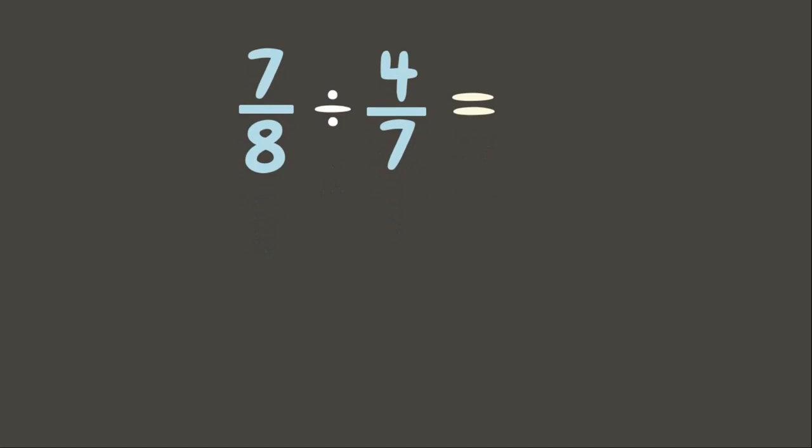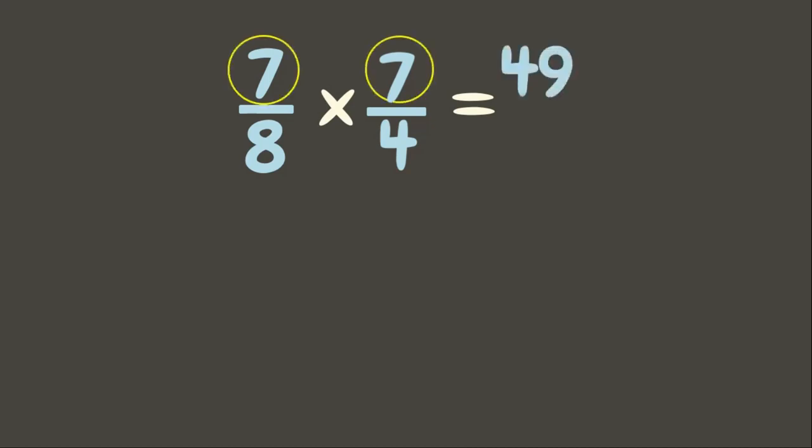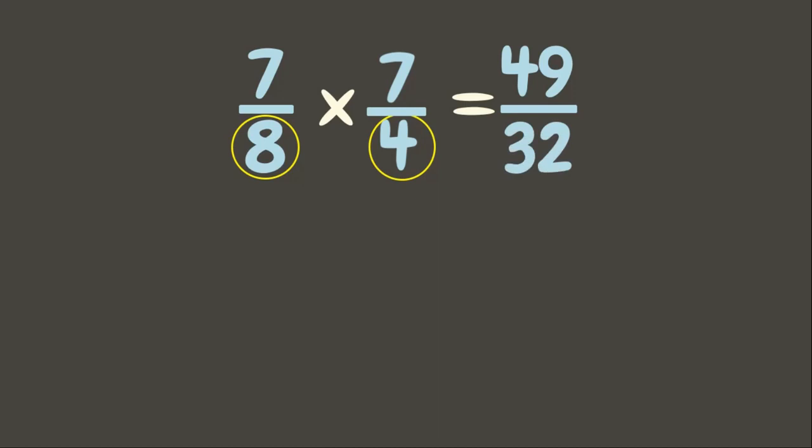Now let us try 7/8 divided by 4/7. Again, our first step is to get the reciprocal of the divisor. Now let us change division to multiplication. Let's multiply. 7 times 7 is 49. 8 times 4 is 32.